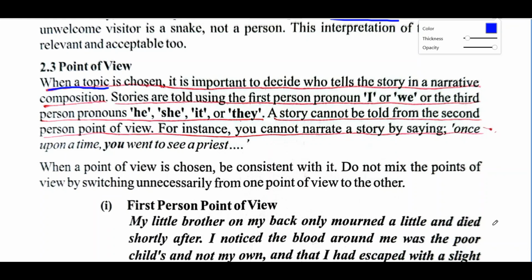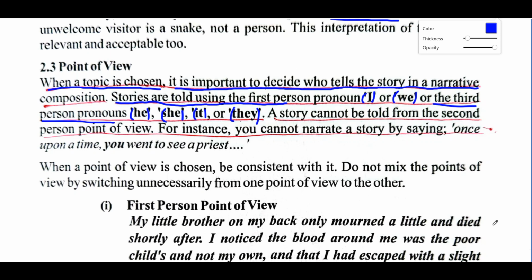So when a topic is chosen, it is important to decide who tells the story in a narrative composition. Stories are told using what we call the first person, I or we. I did that, we did that. Or the third person, he, she, it, or they.